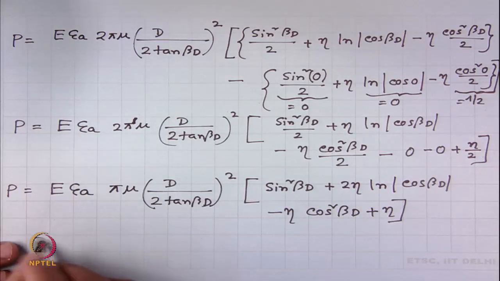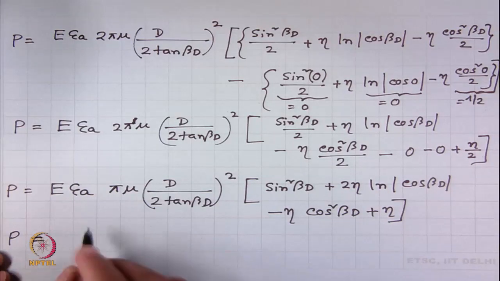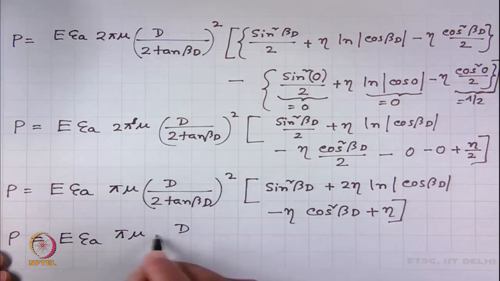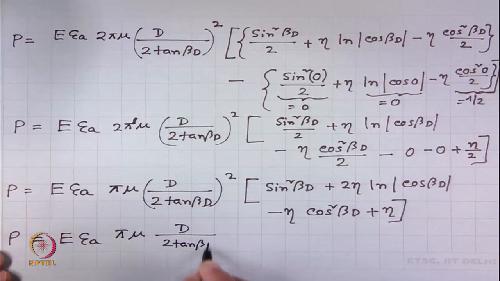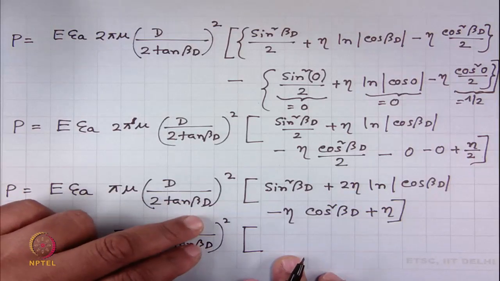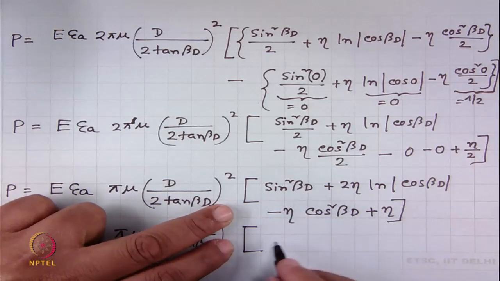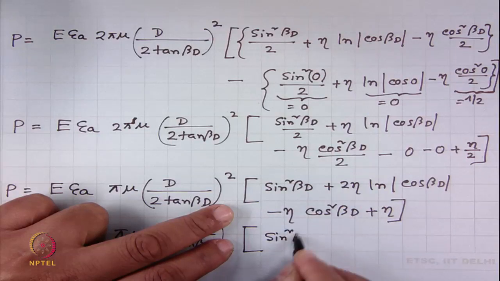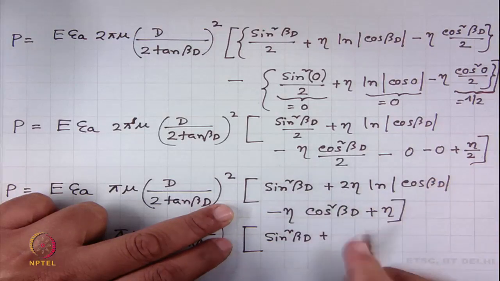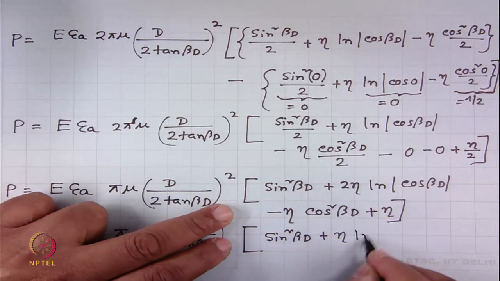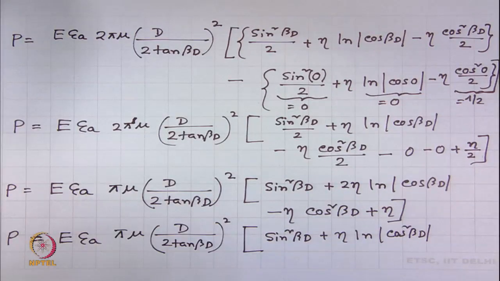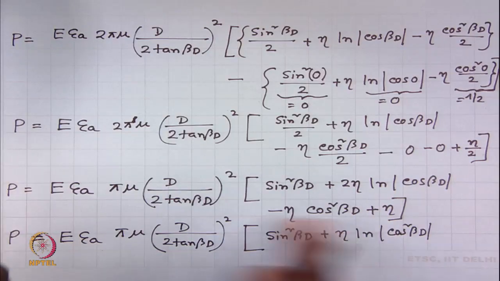Further, we write E epsilon A pi mu d by 2 tangent beta d squared, sin square beta d plus, these 2 we will shift here because of logarithmic function, eta ln cos square beta d plus eta minus eta cos square beta d.